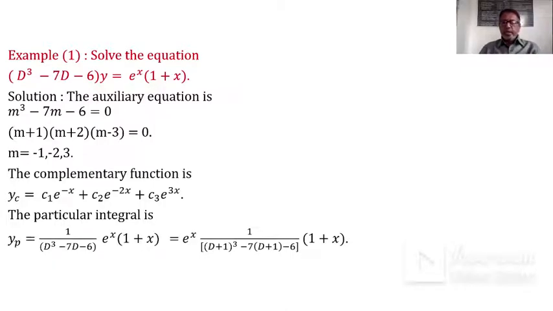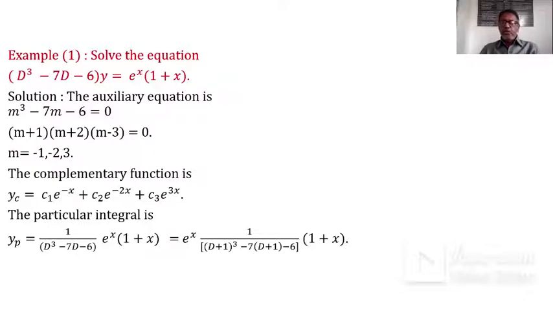Now here, if we compare this with e to the power ax into v, then here a is 1 and v is 1 plus x. Therefore, by using the previous theorem, 1 upon f of t operate on e to the power ax v is equal to e to the power ax and operate 1 upon f of t plus a on v.